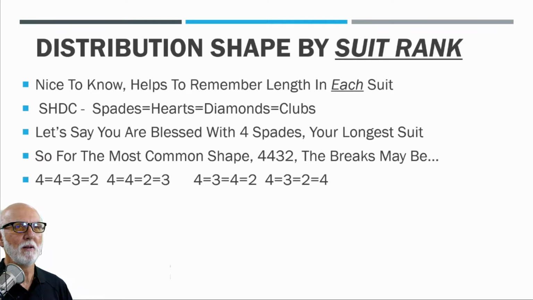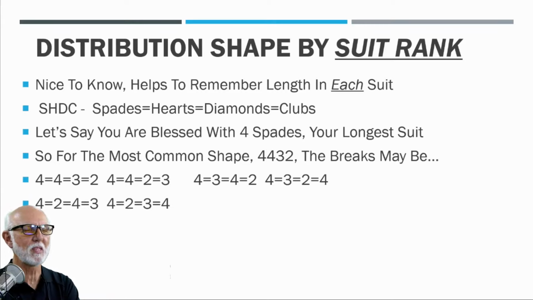Or the third one, how will I remember that it's 4 spades and 4 diamonds? Oh, those are the pointed suits. Oh, it's the 4-4 in the pointies. Or if it was in the hearts and the clubs, 4-4 in the rounded suits. You know, whatever it is, the way you would remember this. Sometimes you have these little mnemonics in your brain rather than thinking about what the exact number is. And there's the other 2 shapes.